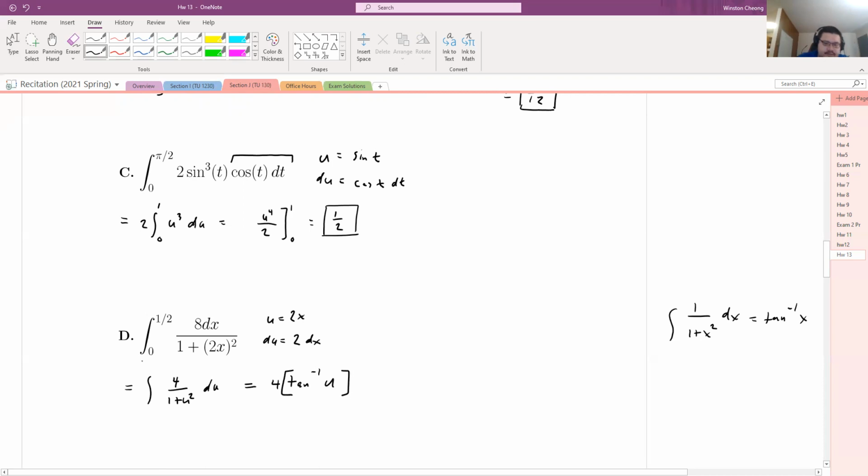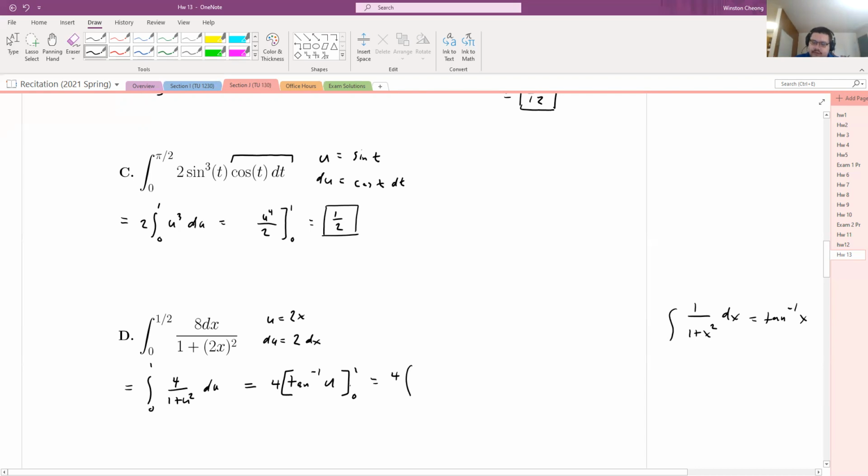Okay. And so now let's think about what happens when we convert these limits. Well, we just multiply by 2. That's pretty easy. So 0 to 1. Now evaluating, we need to think about arctangent. Arctangent of 1 means what angle, when I give it to a tangent, will give me back the value 1.